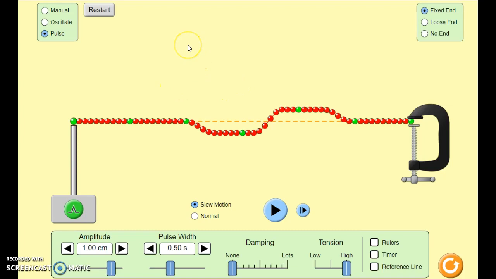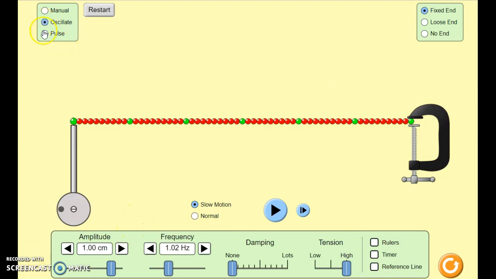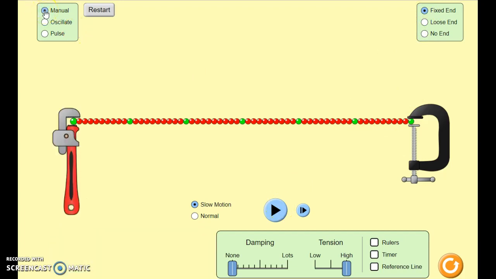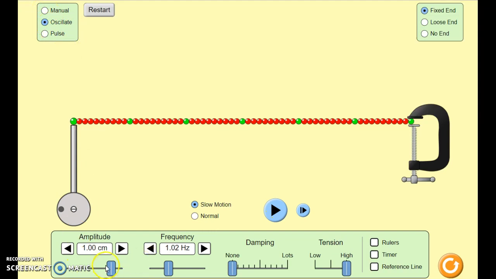Okay, the last topic that I want to discuss with you right now is the idea of standing waves. So I'm going to set this to oscillate automatically with a fixed end. So I'm going to set the amplitude here to be very small, like 0.05 centimeters.